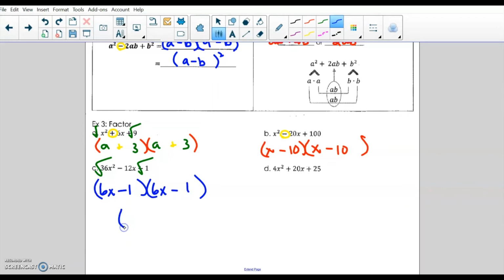And remember that this can be rewritten as 6x minus 1 quantity squared. And the last one on perfect square trinomial is 2x plus 5, 2x plus 5. Perfect square trinomials, you'll have two of the exact same binomials. And that is perfect square trinomials.